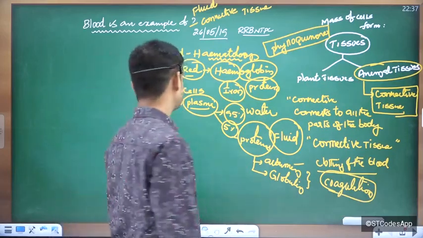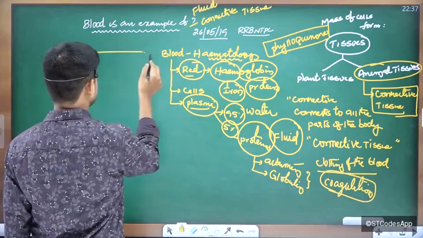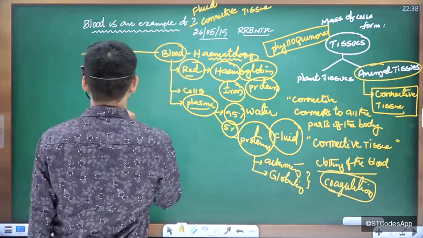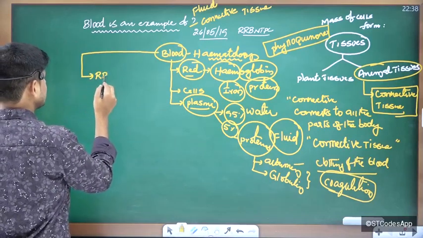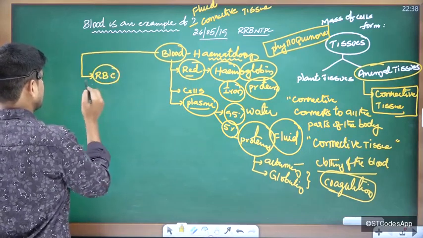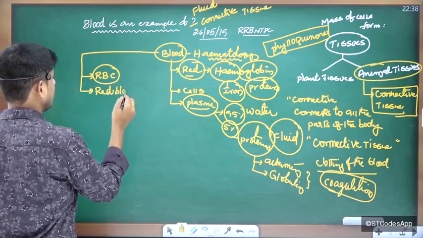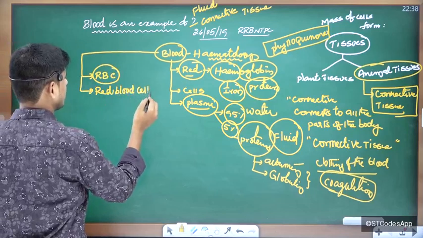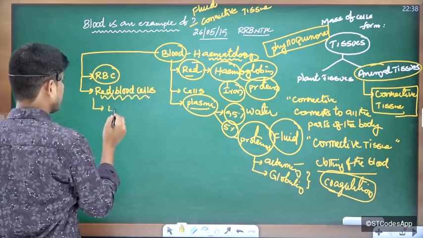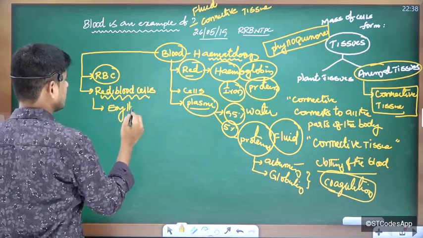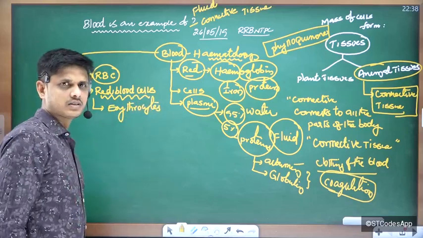Blood has three types of cells. How many types of cells are present in the blood? Three. The first one is RBC, and RBC means red blood cells. Another name of RBC is erythrocytes.